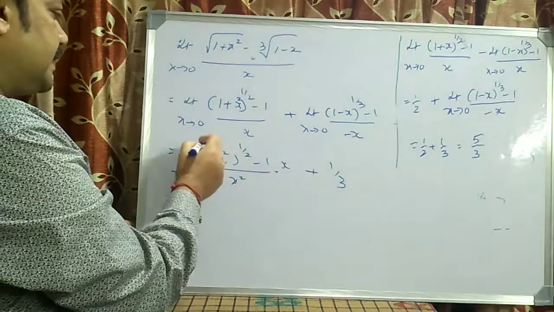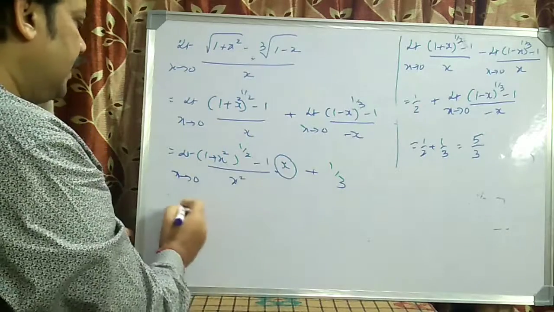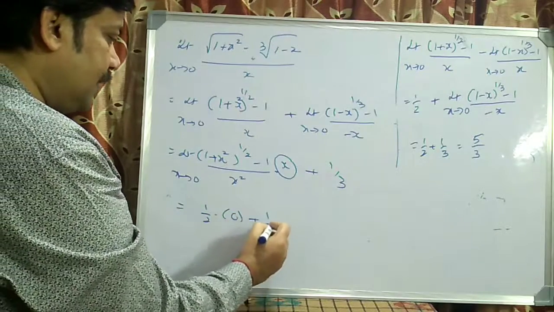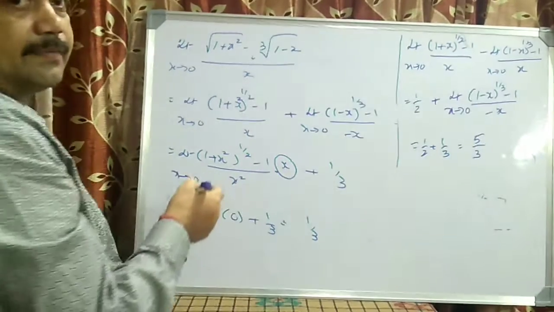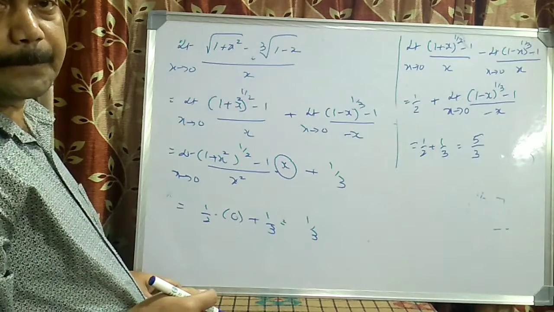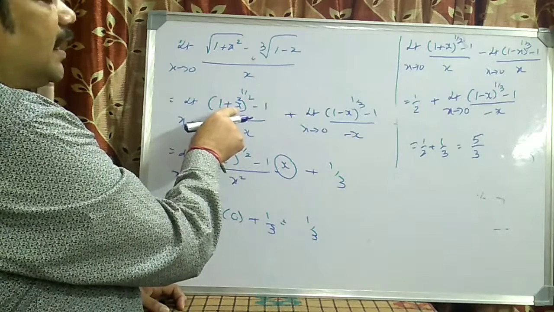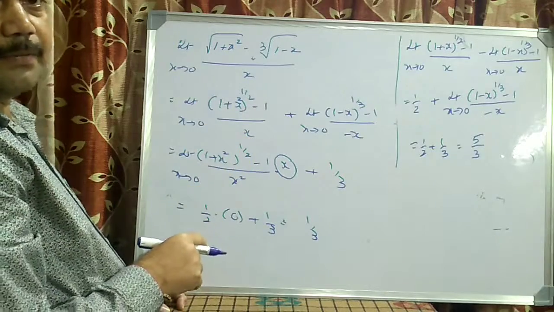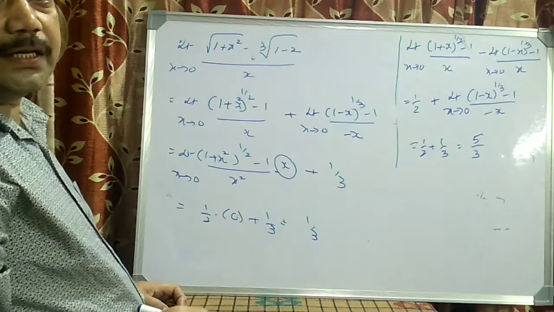So you can see this term is giving 1 by 2, but this x is giving you 0. 1 by 2 into 0 plus 1 by 3, which is equal to 1 by 3 only. This term is becoming 0. Okay? But here in the numerator I have higher power and in the denominator I have lesser power. Sometimes if you have the denominator with higher power and the numerator with lesser power, then it is undefined only.